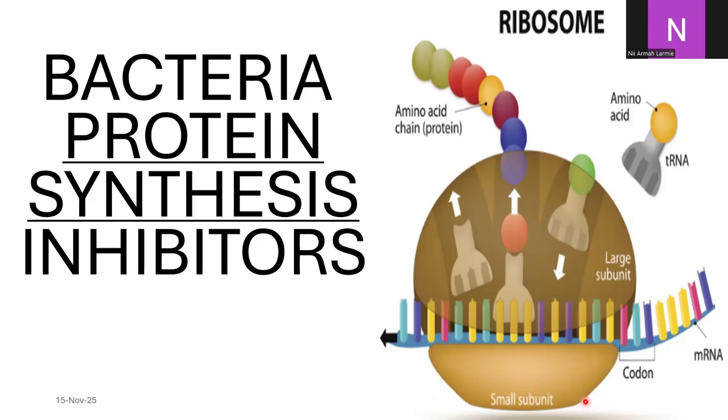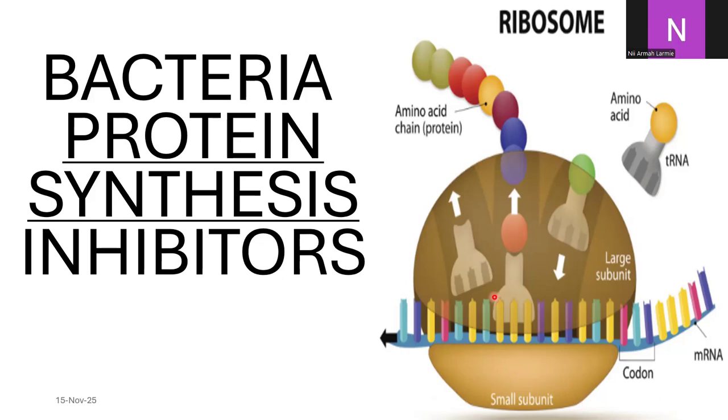The total subunit, however, is known as the 70S subunit. So we're basically saying that the ribosome 70S subunit is the enzyme, the bacteria tool for making protein or for synthesizing protein.